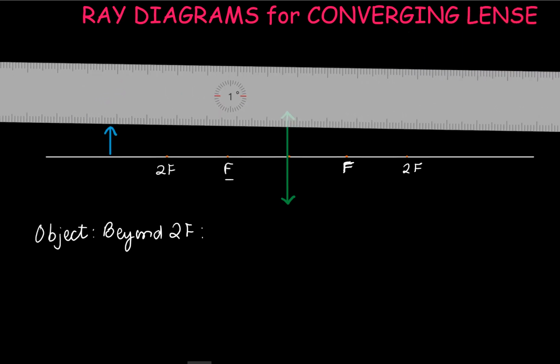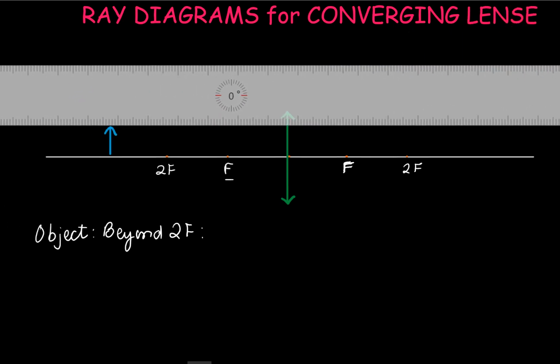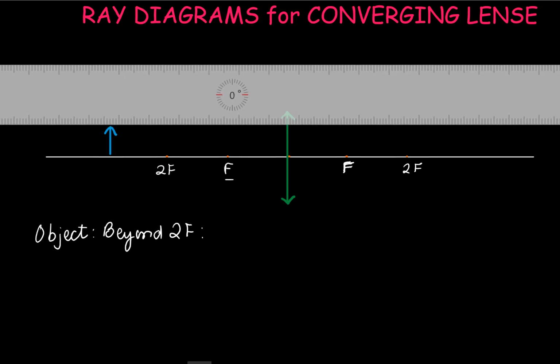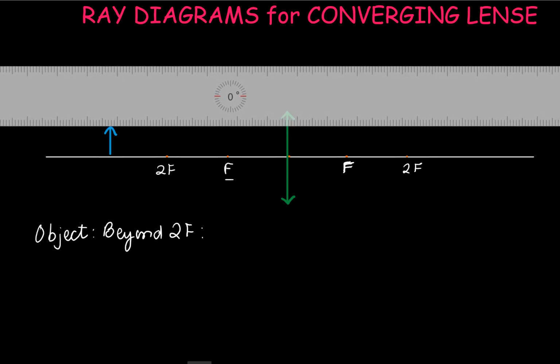The first thing you need to do is keep your scale exactly parallel. Once you keep it parallel, then you start drawing the lines. Ideally there are 3 lines, but with 2 lines also you can get your image position.